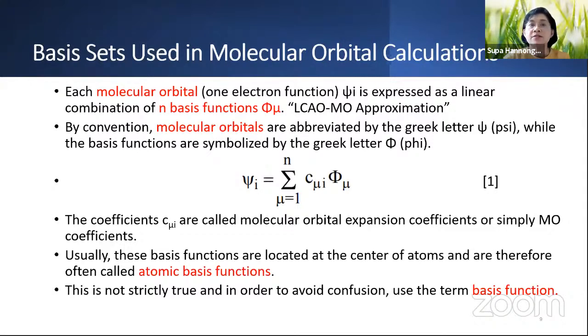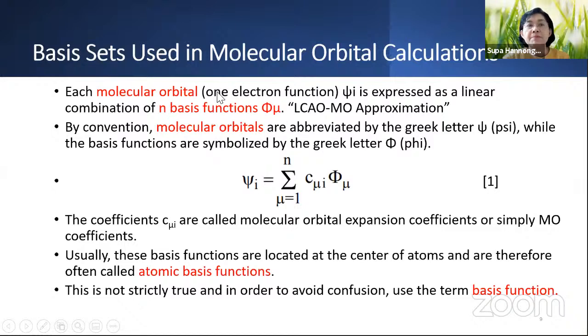and then we can use it to predict whatever we are interested in, as I mentioned in the first lecture that I taught. Okay, so now we can see that each molecular orbital, or one-electron function, which we represent by psi, is expressed as a linear combination of n basis functions, psi = sum of c_nu phi_nu.